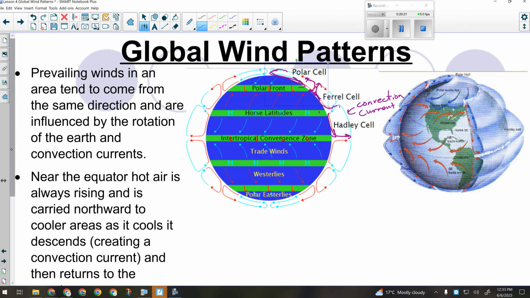The air is not moving, you're moving through it. So it feels like the wind is coming in your face, but it's really you going through the air. Well, the same thing happens with our wind patterns. As the air is circulating vertically, the Earth spins underneath it.